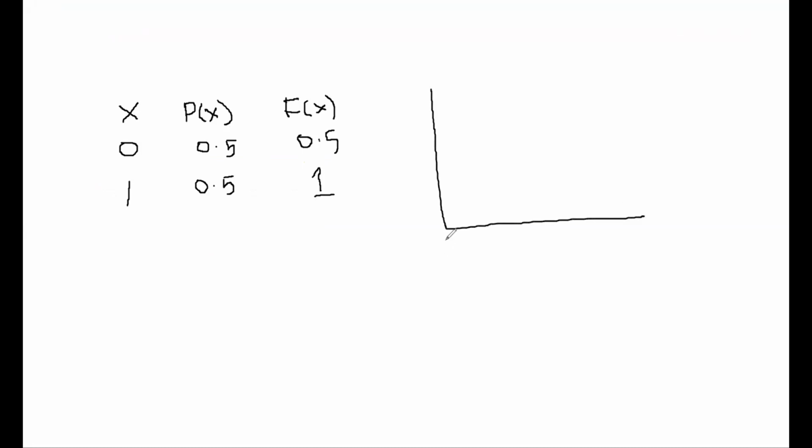In the x-axis, we will plug in the x value. So we just have 0 and 1. In the y-axis, we will plug in f of x. So let's say 0, 2 here, 0.5 here.